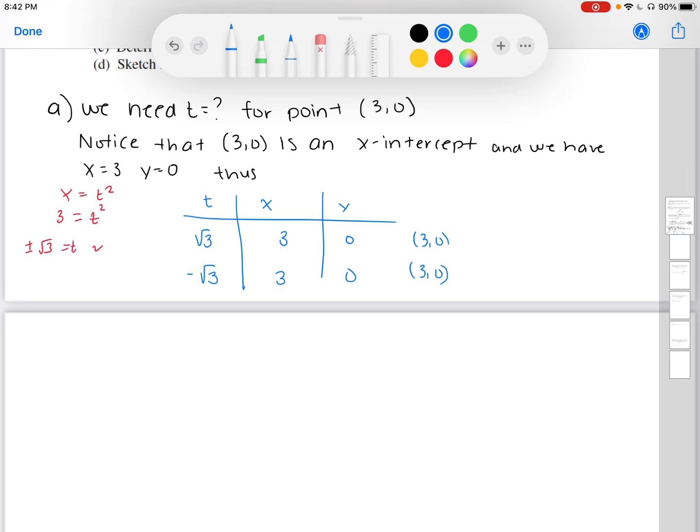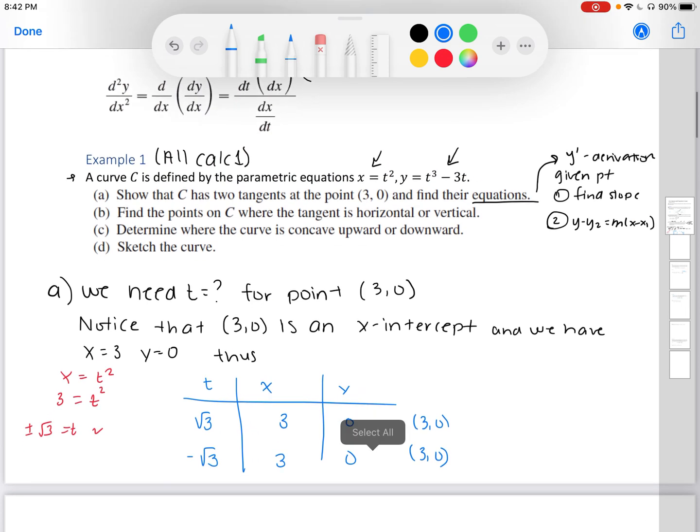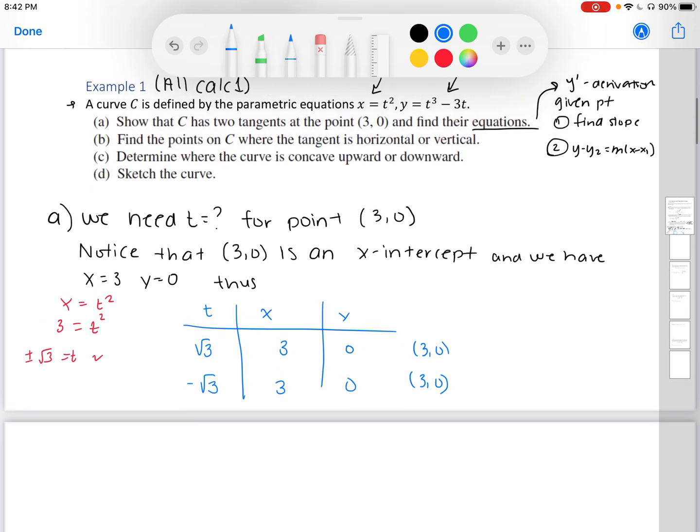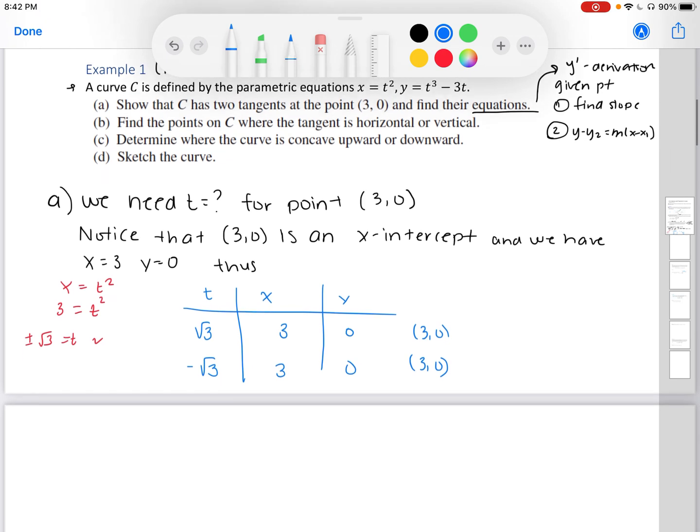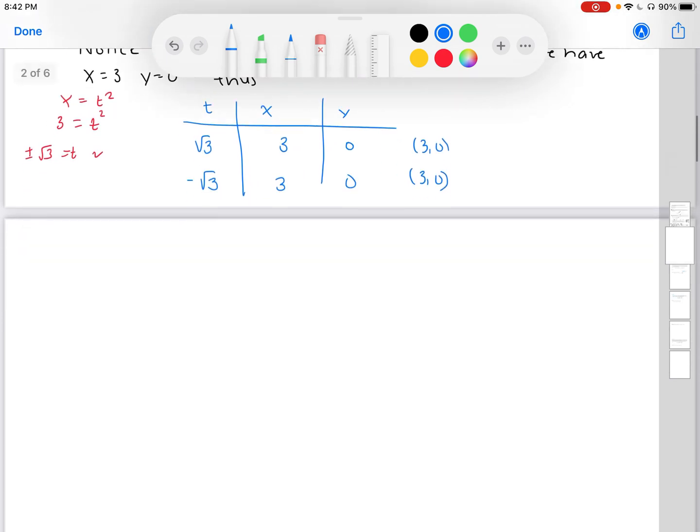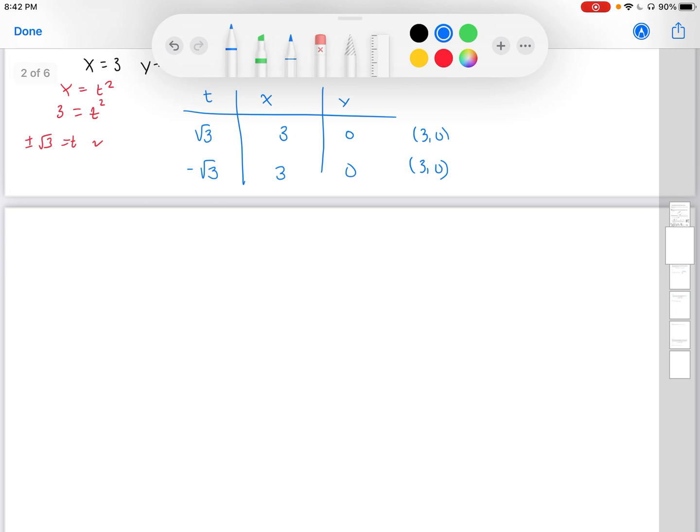And that does work. That checks off. All right. So with that, let's go ahead and find our slope.